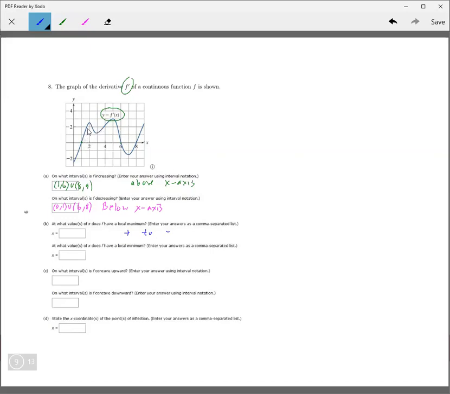Here it's positive, here it's negative to positive. No. Here it's positive, negative. So positive to negative, it's 6. That's the only one. And then local minimum would be negative to positive. So negative to positive happens at 1 and also at 8.